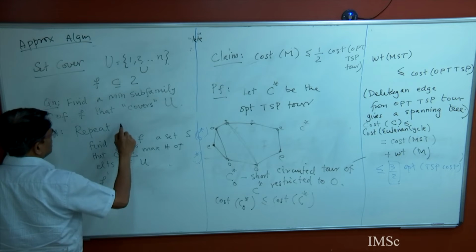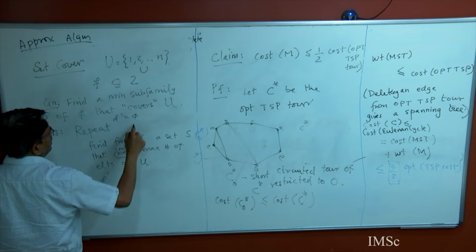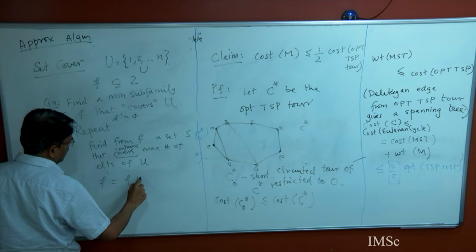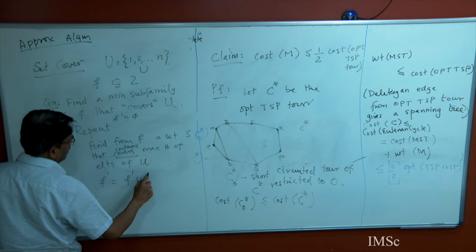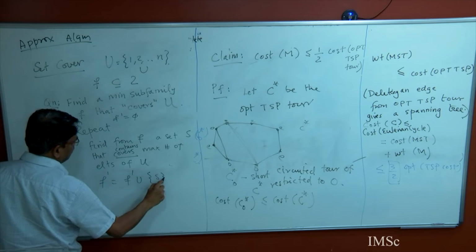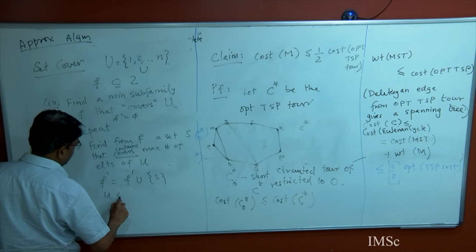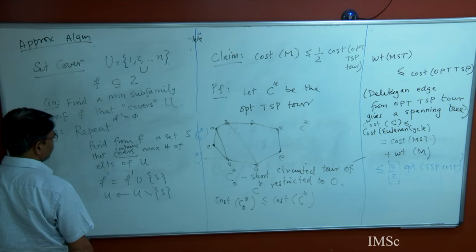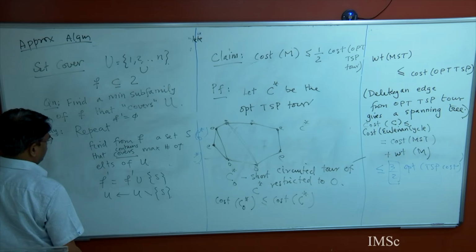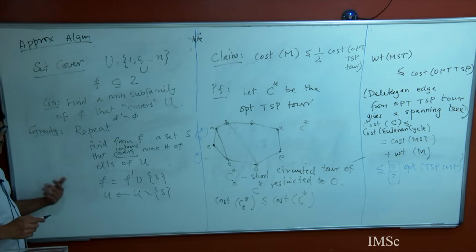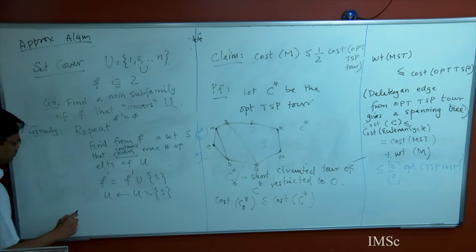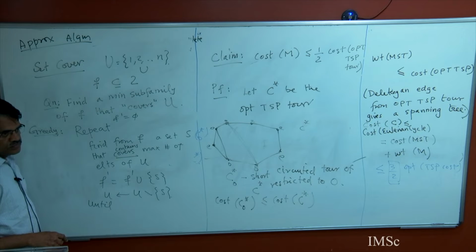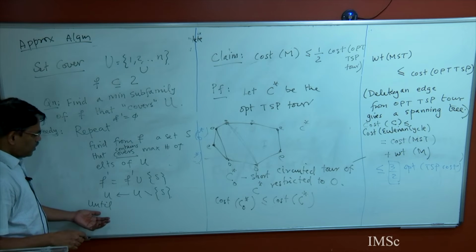Start with F prime equal to empty, then F prime equals F prime union the set S, and U becomes U minus S. Keep repeating this until U is empty.